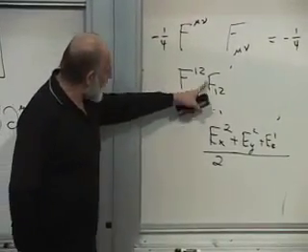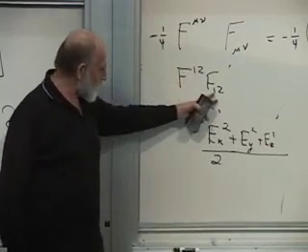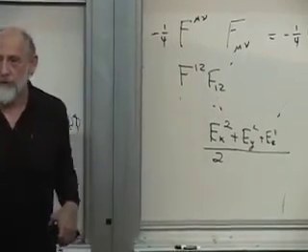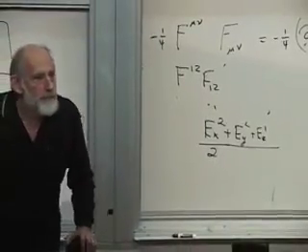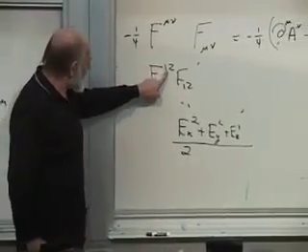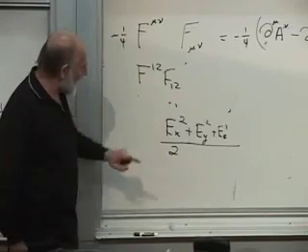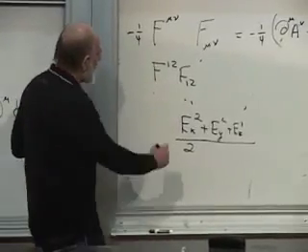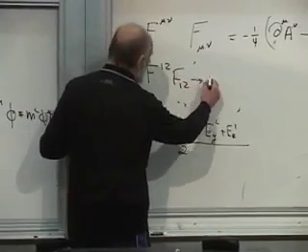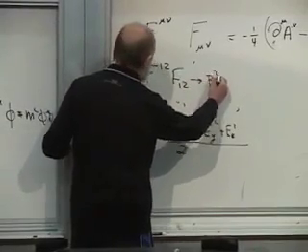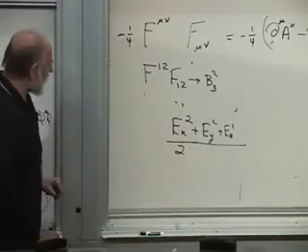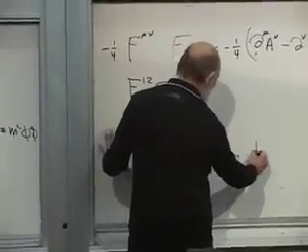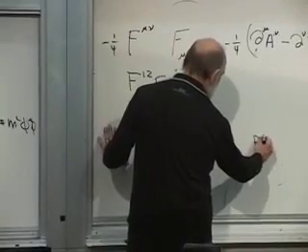Now, here I've raised both indices. What happens when you raise two space indices? Nothing. So F12 upper is the same as F12 lower, and this is just B3 squared. There's a minus a quarter, so I get minus a quarter B3 squared.